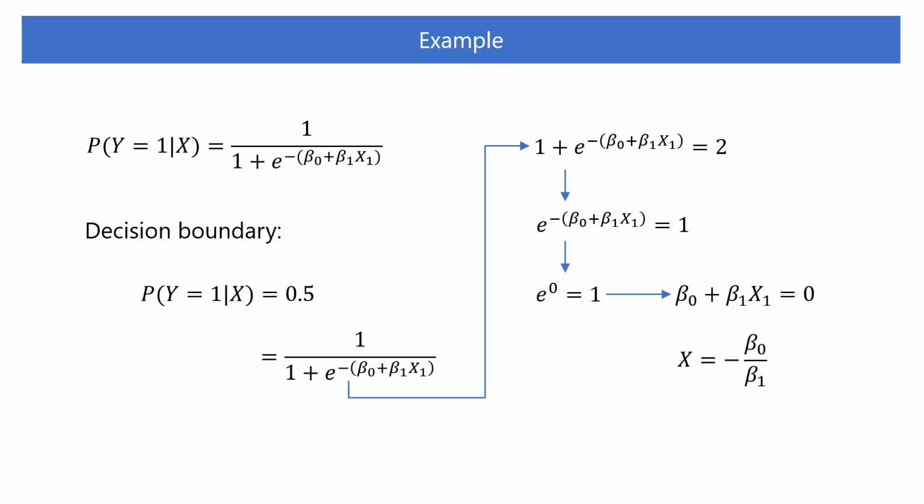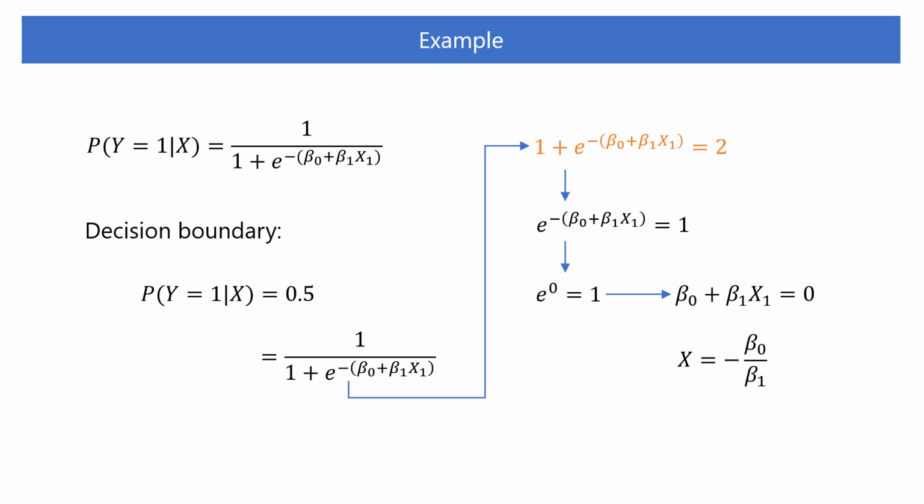Let's consider a simple logistic regression with one feature. Suppose we have a simple model which can be written in this way. The decision boundary occurs when the probability of y equals 1 given x is 0.5. As defined by the formula, this decision boundary can be expressed by this fraction.